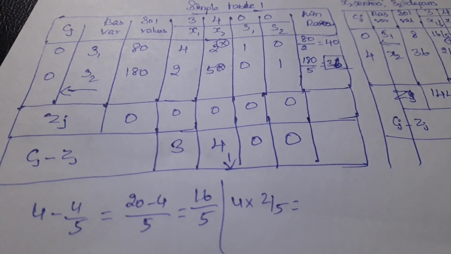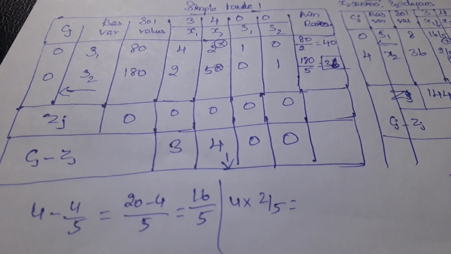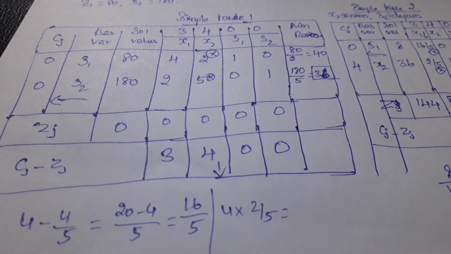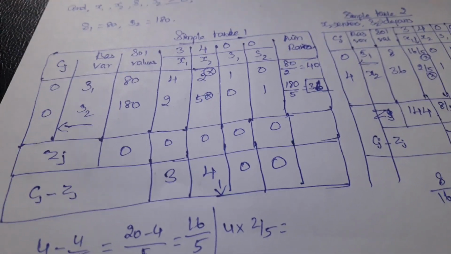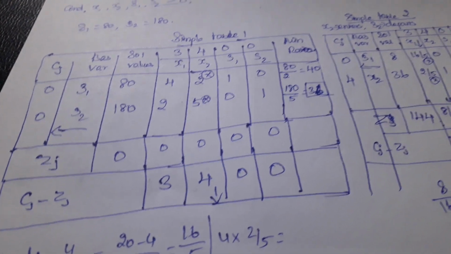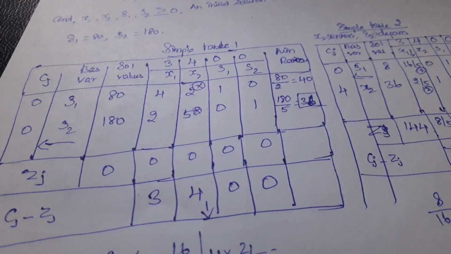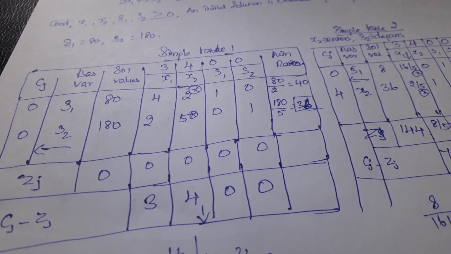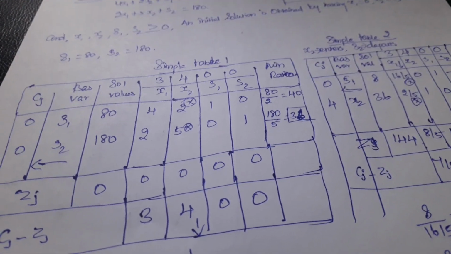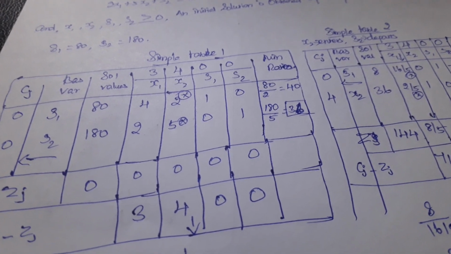So we have to now find the maximum value through this table. Here 4 is the maximum value. So it will enter into the second table. Now we need to find the departing variable. For that purpose we calculate the minimum ratios. We divide the solution values by the intersection element. The intersection element is 2, so 80 divided by 2, 40, as well as 180 divided by 5, 36.